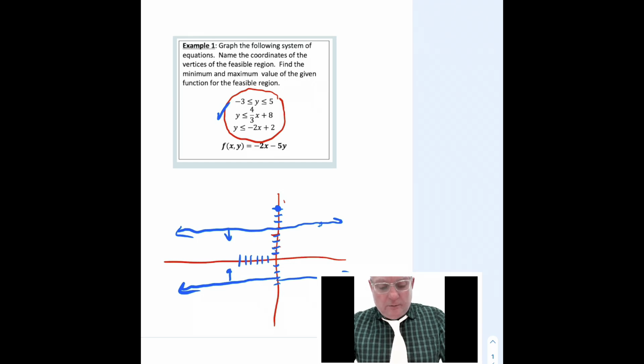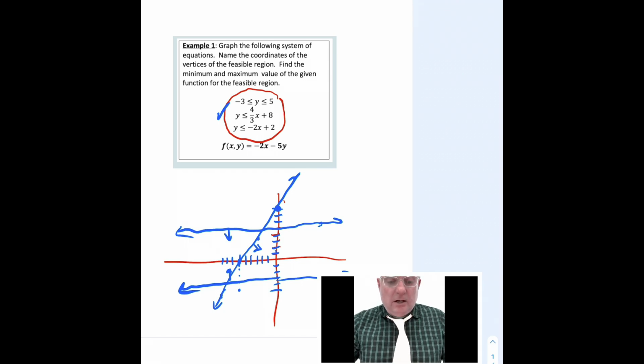And down 4 again, onto the x-axis, and then down 4 and over 3 more. I get this line right here, and that is less than, so I'd be shading below that line.